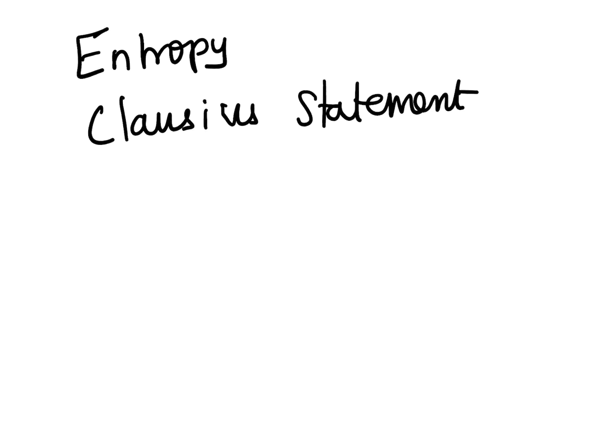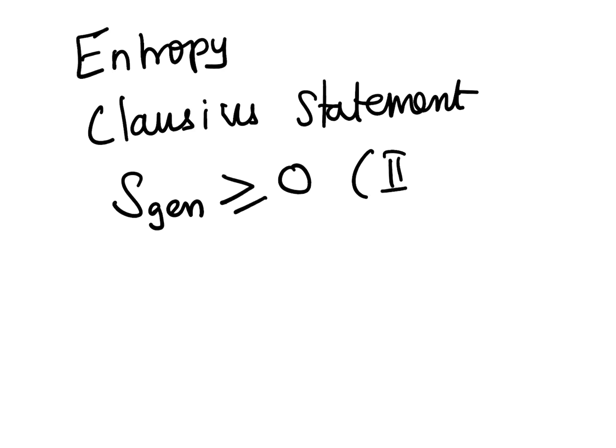With this, we wrap up chapter 7, or the second part of module 6, where we saw what entropy is, we saw the Clausius statement, and we saw the quantitative definition of entropy, with entropy generation being more than or equal to 0, which is what we call the second law, or the increase of entropy principle.